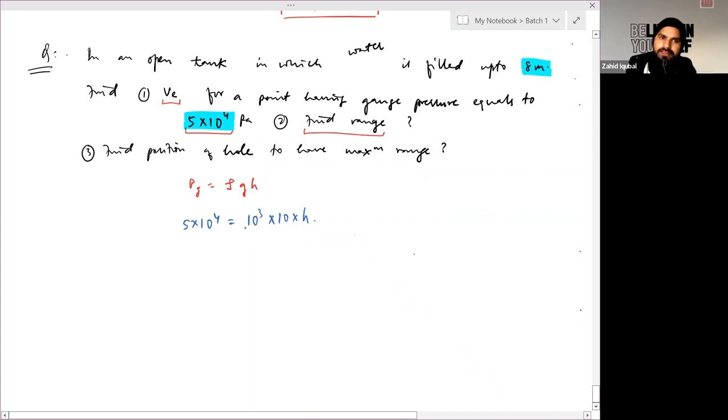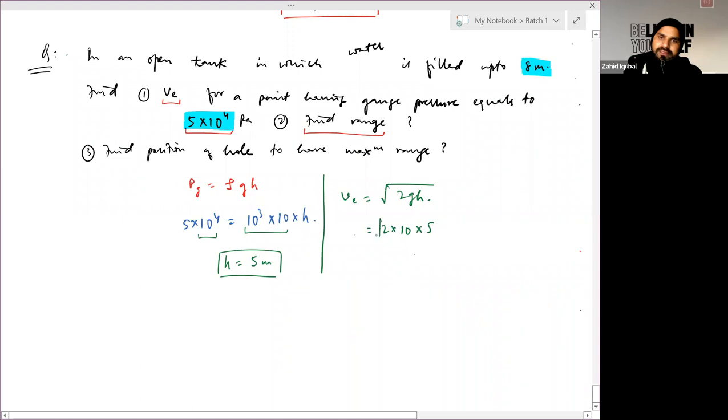If you solve this part, 10 to the power 4 and 10 to the power 4 will cancel out, so you get h as 5 meter. According to the formula for velocity of efflux, root 2gh, where g is 10 and h is 5, it will be root 100, so 10 meter per second.